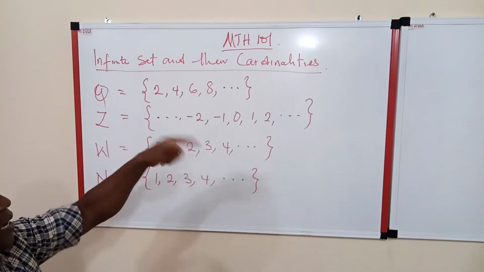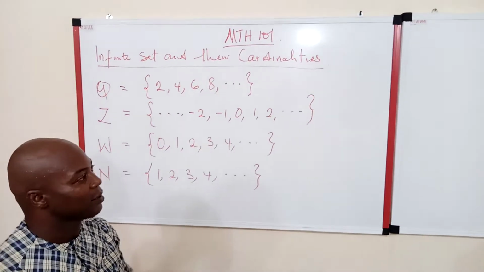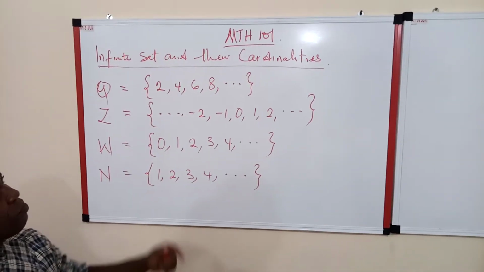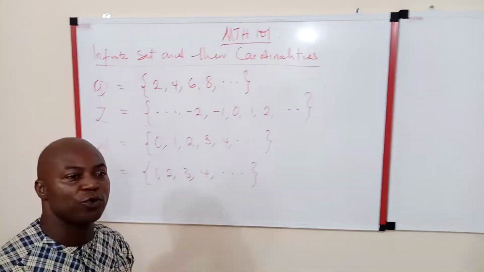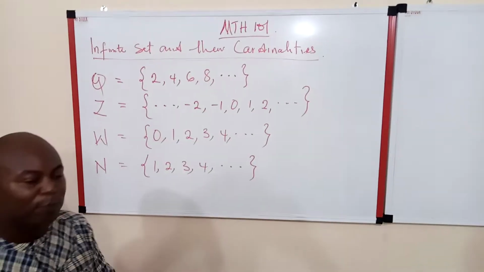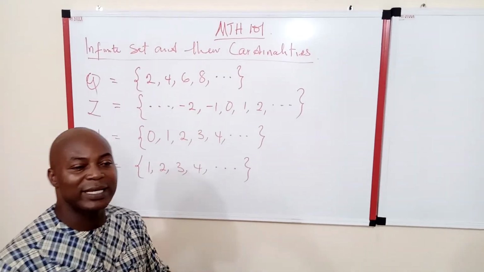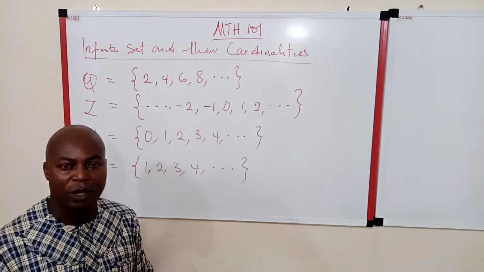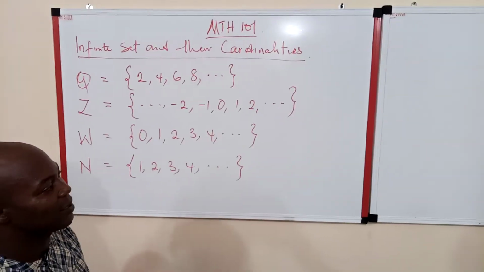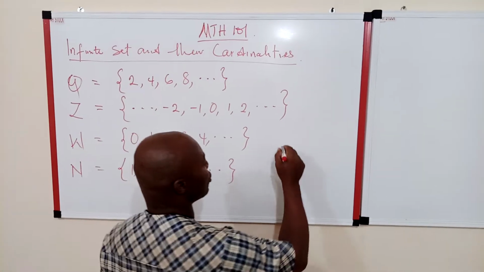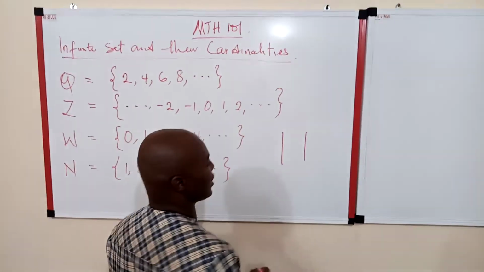Now the next thing we want to talk about is the cardinality of an infinite set. In our previous videos, we explained that cardinality simply means the size, the magnitude of a particular set. We use bars to denote it.